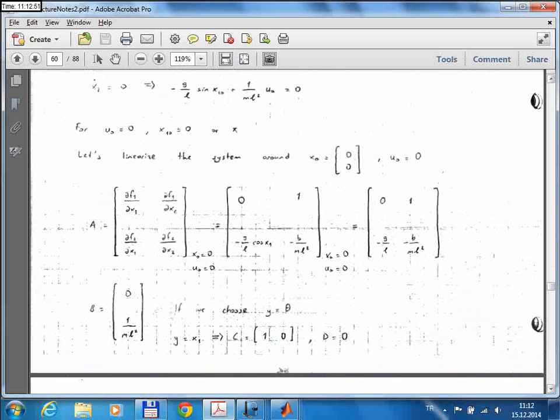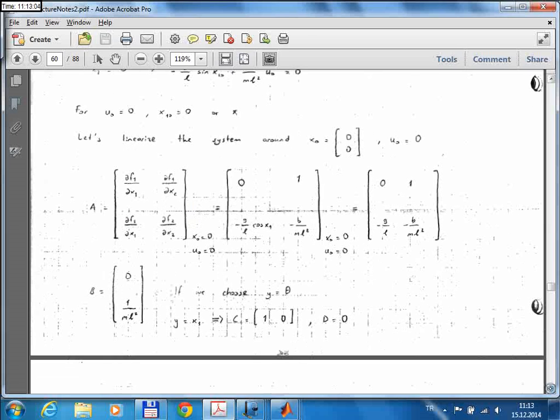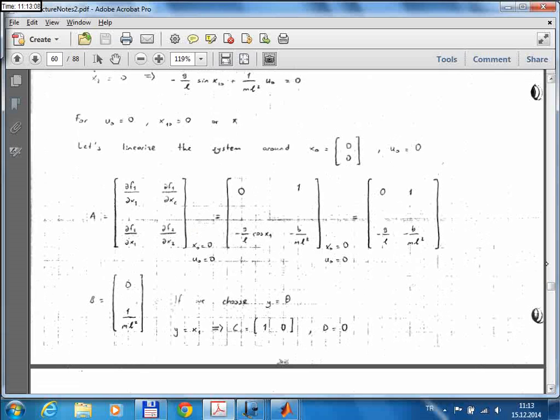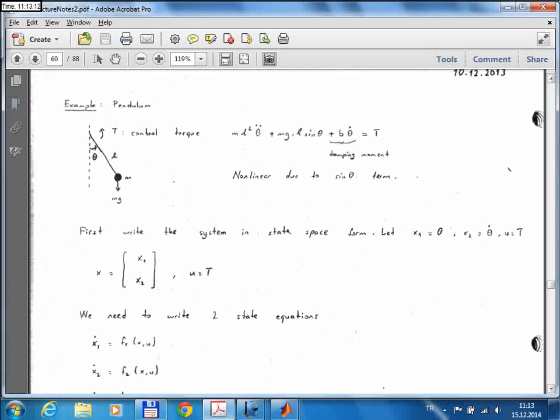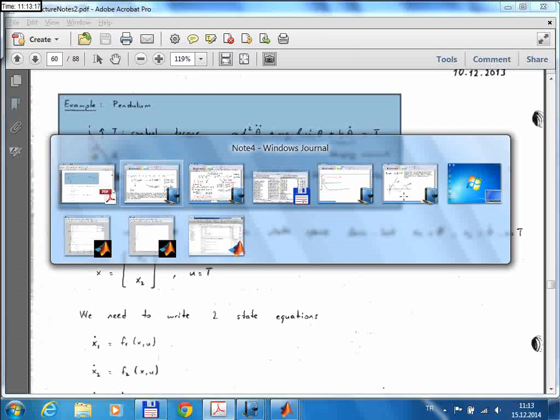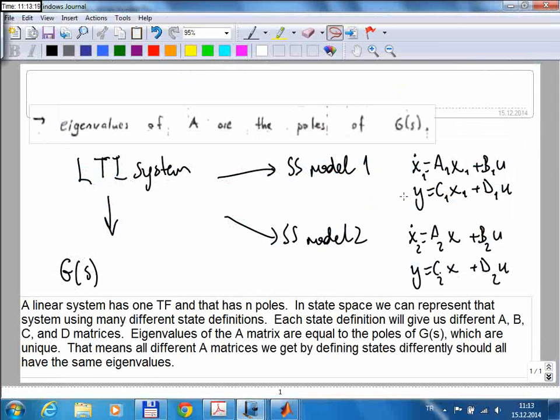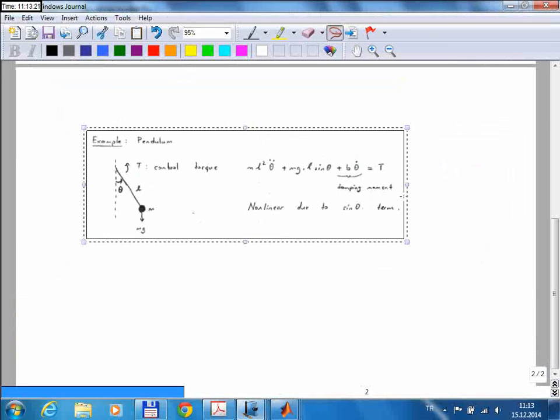So for linearization, we need to find out these matrices, A and B matrices, by performing these differentiations. So if you take derivatives, the solution is given here. So let me not spend too much time on this. But let me tell you something to think about.